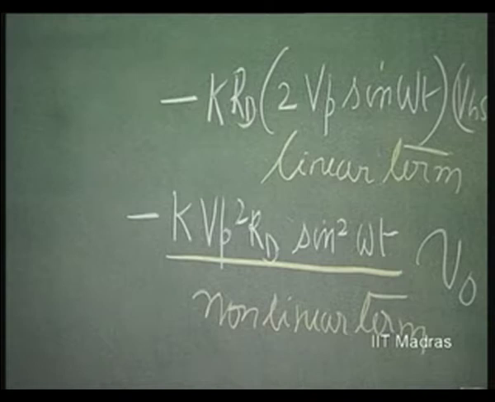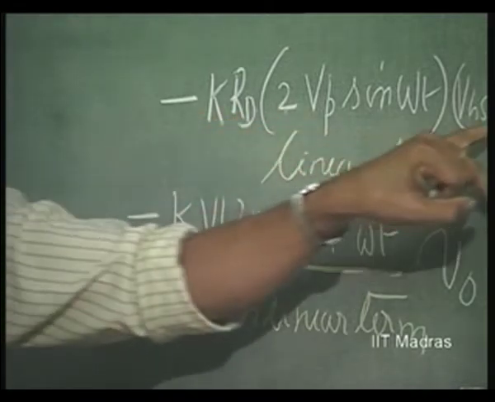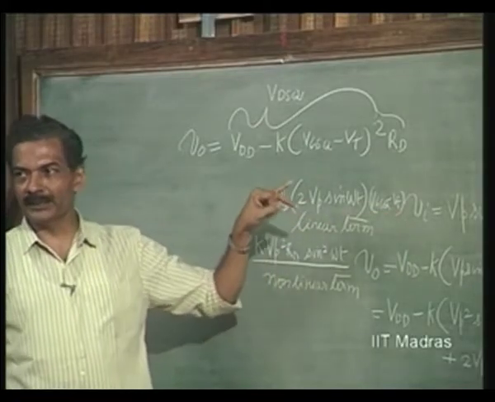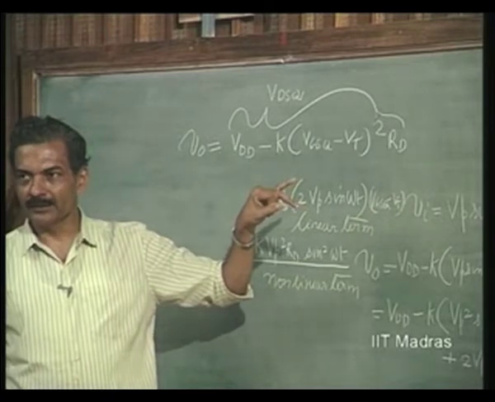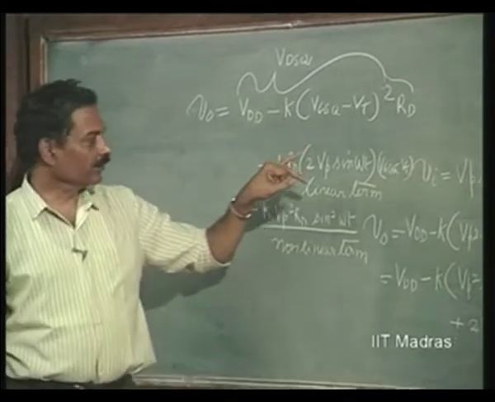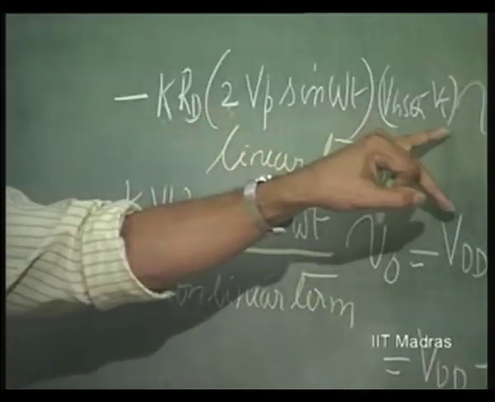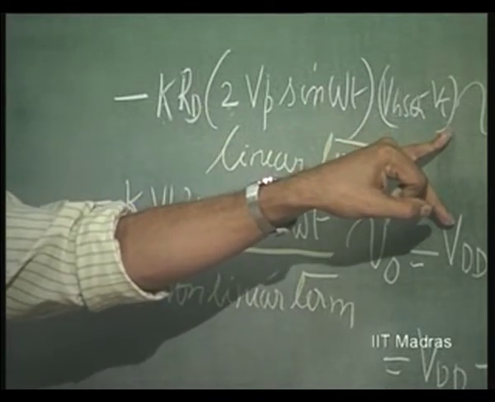You notice this is nothing but 2k into VGSQ minus Vt. What is that? 2k into VGSQ minus Vt is nothing but Gm, if you look back, which we have already defined as Gm.